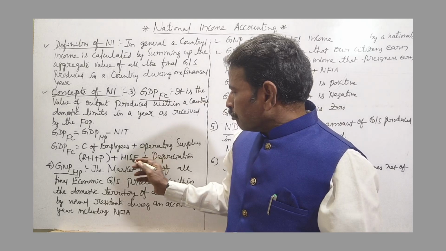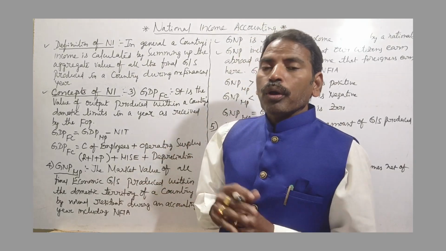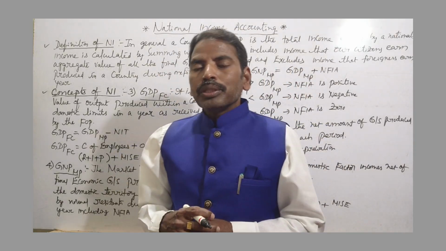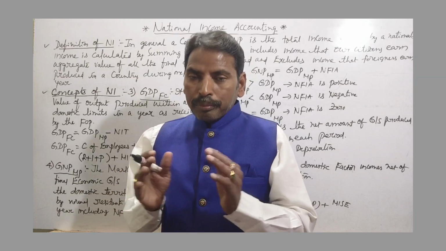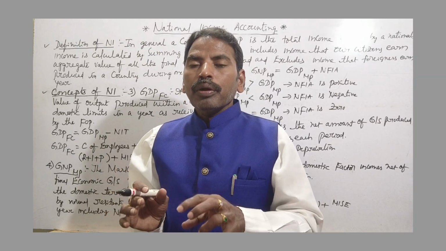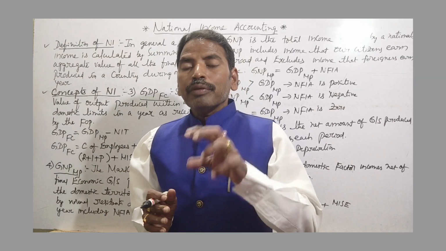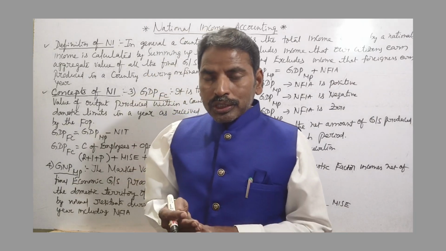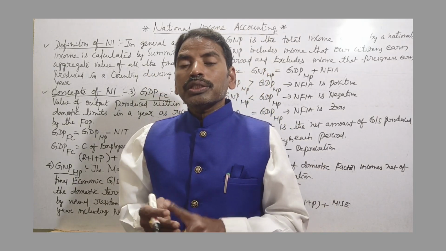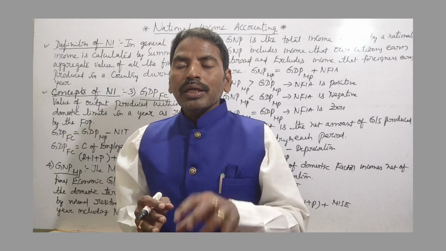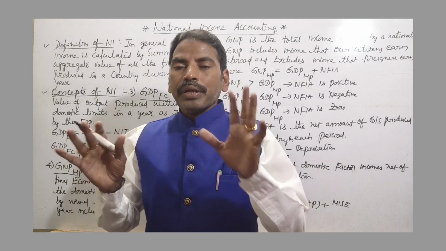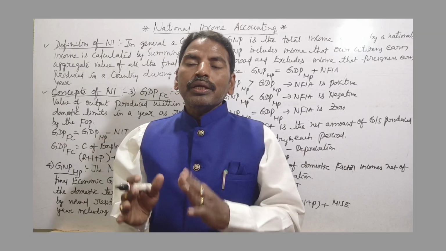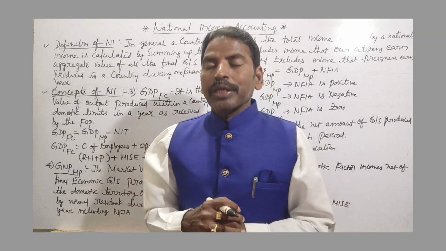Next, mixed income of the self-employed. Mixed income of the self-employed means self-employed services or subsistence production or small production of commodities, particularly in agriculture, trade, and transport, particularly in developing countries like India.